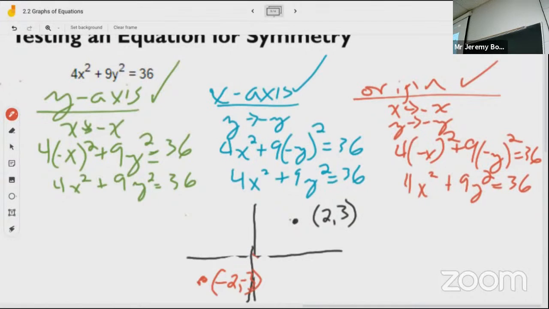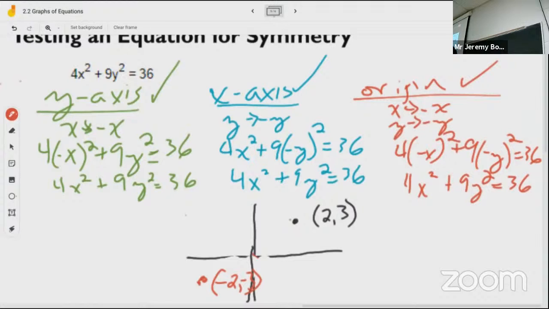So it's either origin and none, or origin and both the other two. That's the only way it's going to be. It could be x-axis, not y, not origin. It could be y-axis, not x, not origin. Those are fine too. But if it's origin, it's either all three or just origin.